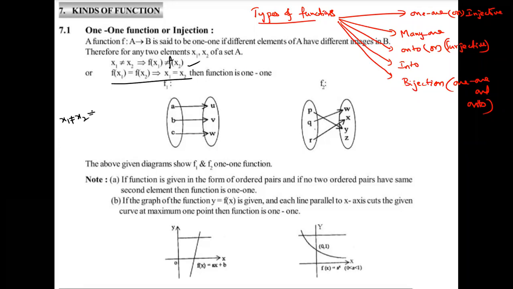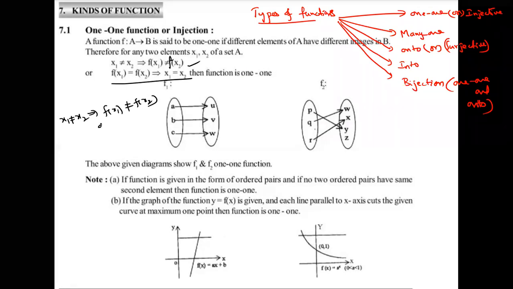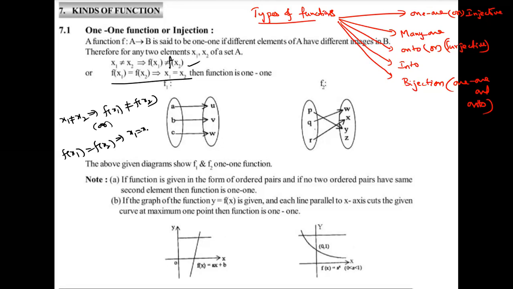X1 not equal to x2 implies f of x1 is not equal to f of x2. If you get this, then we can say it is 1-1. What is the other way? If f of x1 is equal to f of x2, then x1 is equal to x2. In either case, you can say it is 1-1.